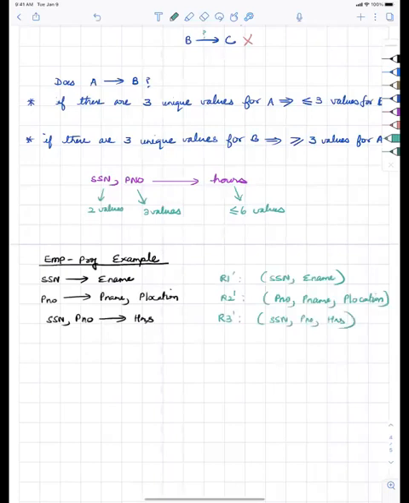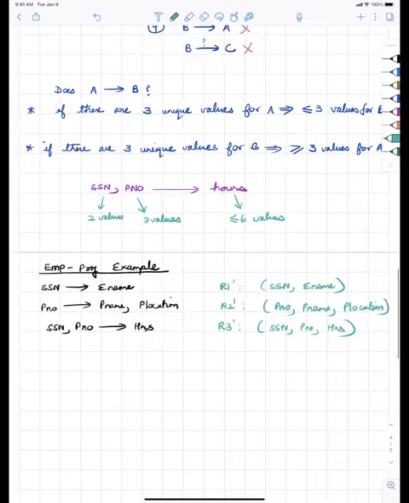If you divided it like this, R1, R2, and R3 dash are in normal form. I just wanted to go back to that example and show you the way to divide it. If you had divided it using functional dependencies like this, then you'd be guaranteed that R would be equal to R1 cross R2 dash.